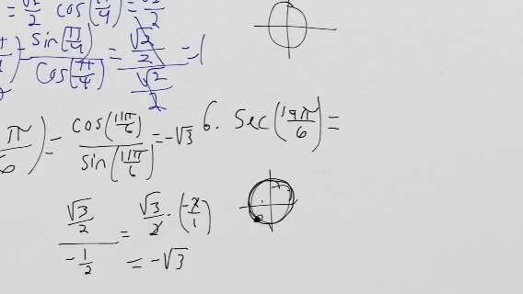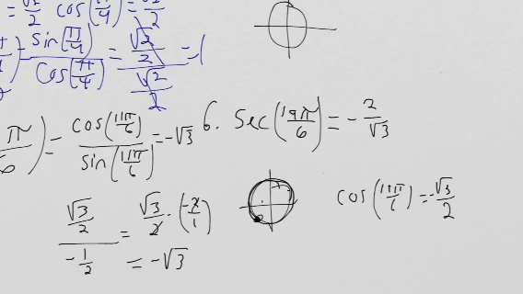We know that cosine of pi over 6 is root 3 over 2. So secant of 19 pi over 6 is going to be negative 2 over root 3. And that just follows from cosine of 19 pi over 6 being negative root 3 over 2.